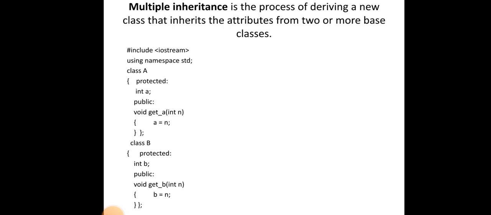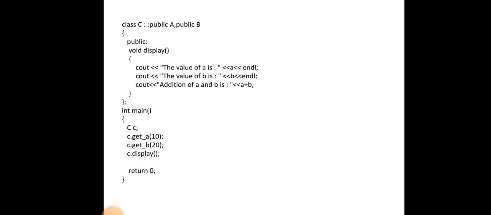In this program, we have base class, class A. Inside class A, under public access specifier, we have a function called void get A. Next, we have another one base class called class B. Inside the class B, we have one member function under public access specifier called void get B, and there is one derived class which derives the data from two different base classes.